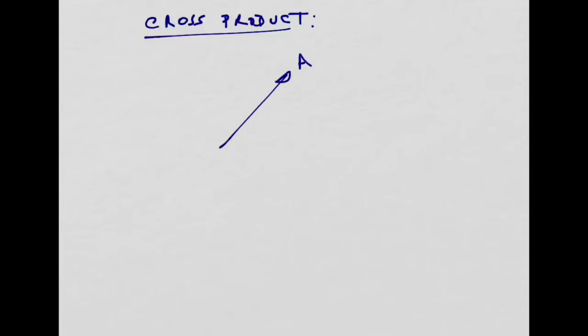So cross product. Imagine I want to do the cross product of vector A with vector B. The first important thing is the result of this cross product.